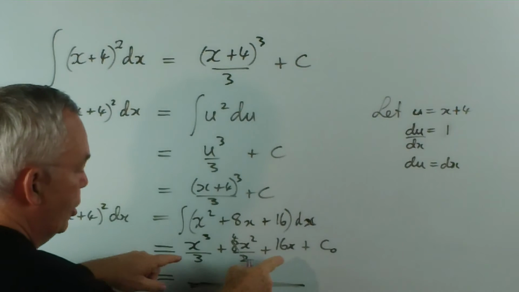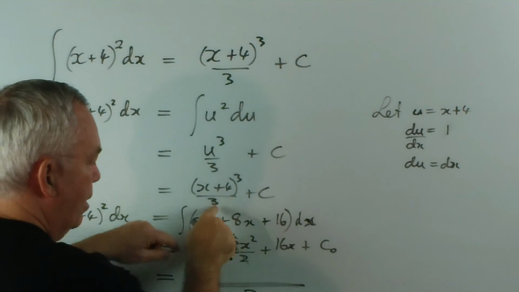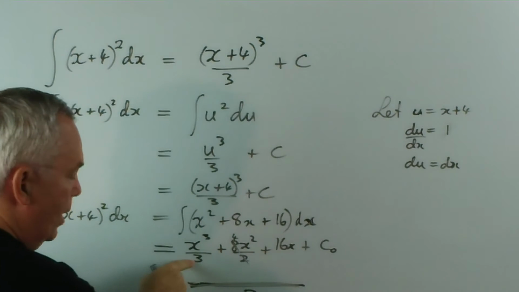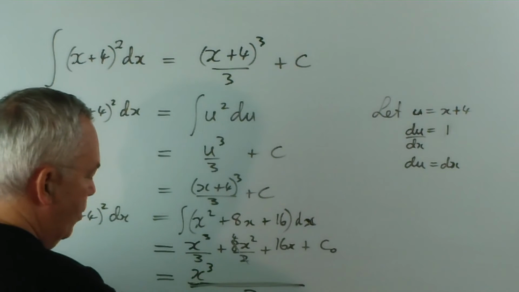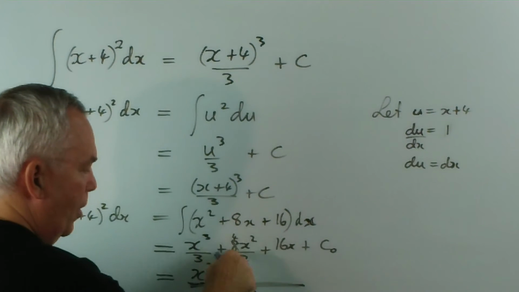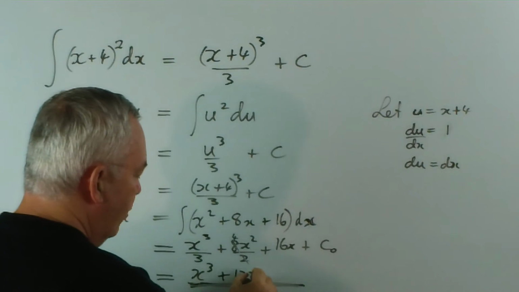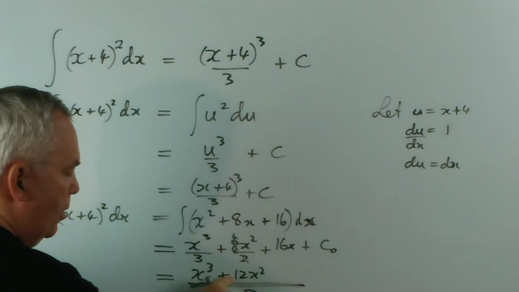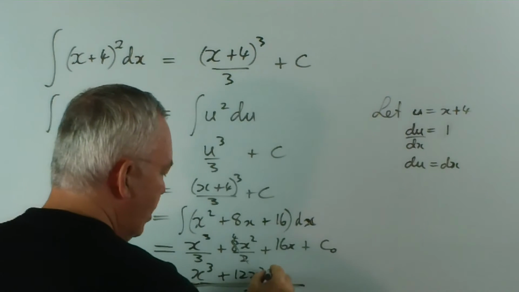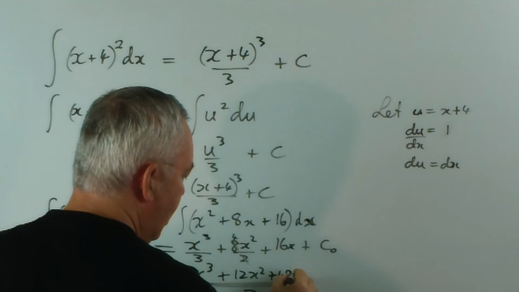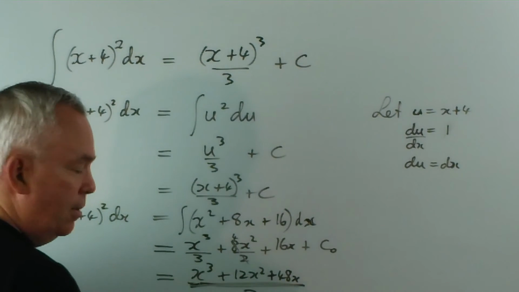mainly because I want to show you that this is the same as that. So I need a 3 on the bottom. Well, I already have a 3 on the bottom here. This will be x cubed over 3. Now this is 4x squared, and to get 4x squared I need 12x squared over 3. 3 into 12 goes 4. To match up the 16x, I need 48 x's here. 3 into 48 goes 16.